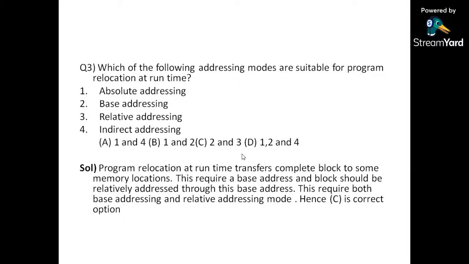If line number 1 of the program is stored at location number 1, then line number 2 will be stored at address number 2, line number 3 at location 3, and so on.